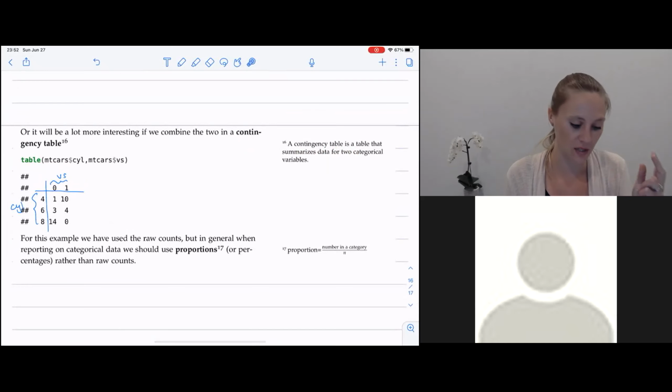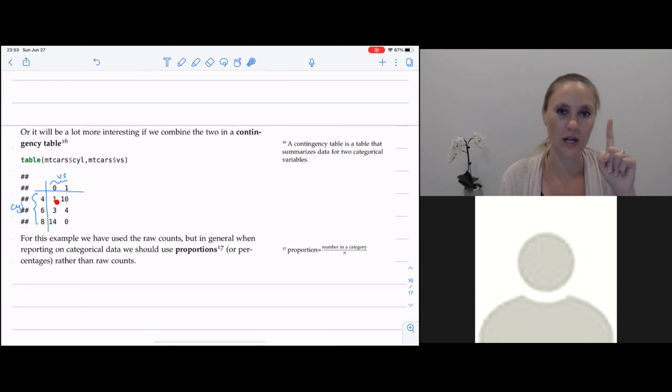It doesn't matter which one goes where in most cases, so whichever way you want to do it is fine. But there's one car that has a 4-cylinder engine and is a V-shaped engine. There are 14 cars that have 8 cylinders and a V-shaped engine.